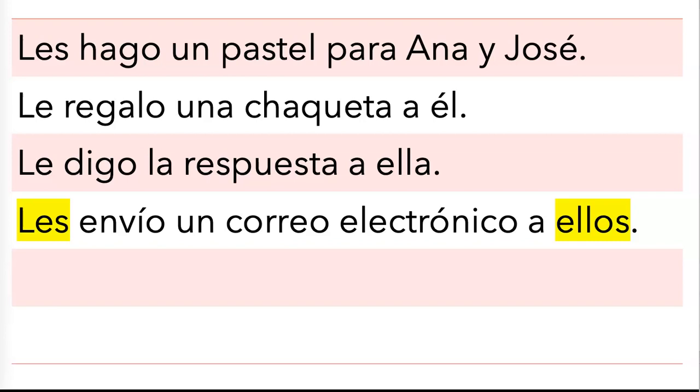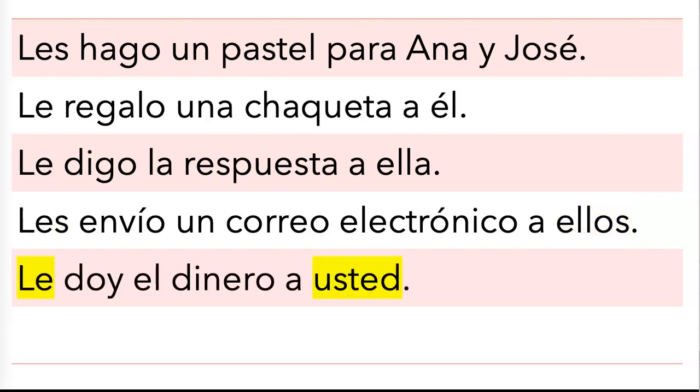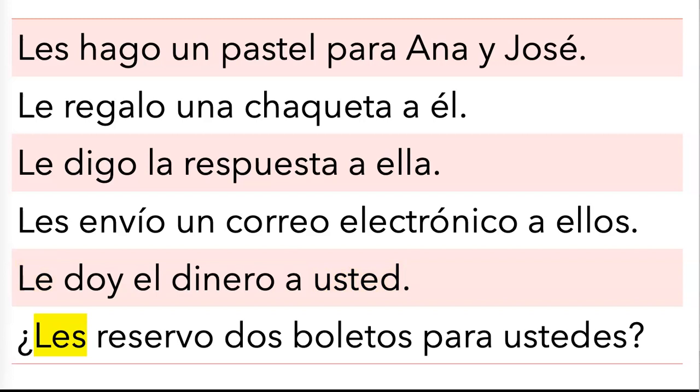And because it's ellos, they include either all men or it's a mixed group. Le doy el dinero a usted. Again, by doubling up, I clarify that I'm giving the money to you and I'm using the polite form. Les reservo 2 boletos para ustedes. Again, I'm doubling up and saying, can or shall I reserve 2 tickets for you all?